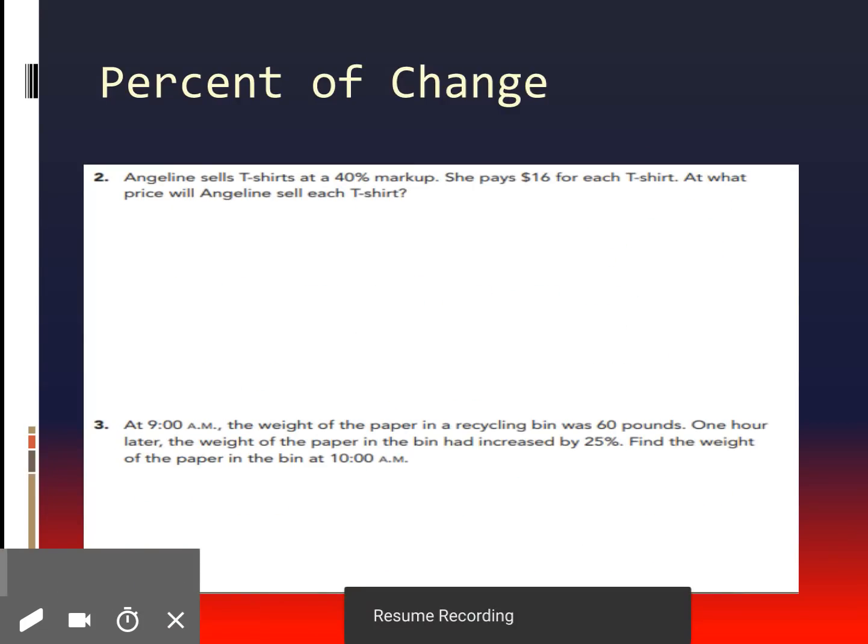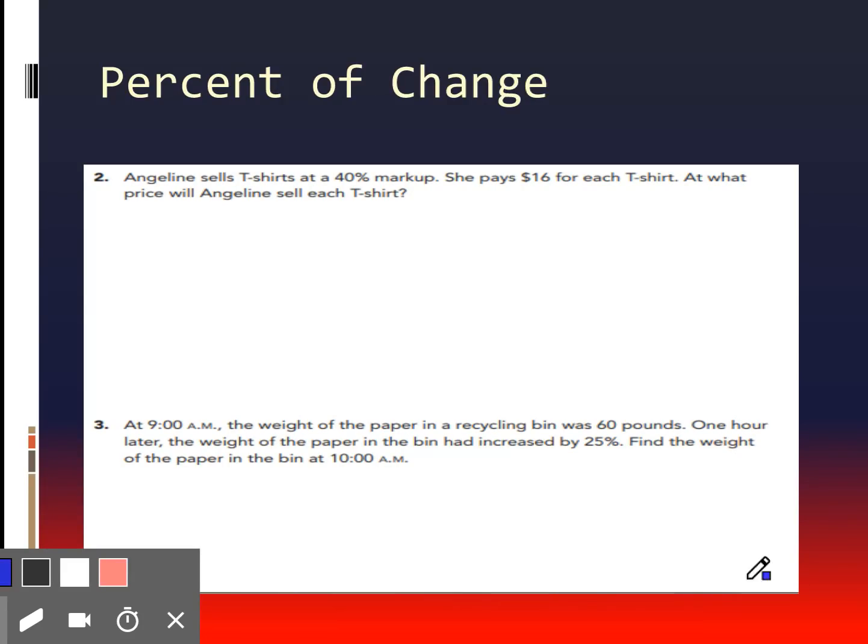Okay, we can do number 2 together. Angeline sells a t-shirt at a 40% markup. She pays $16 for each t-shirt. At what price will Angeline sell each t-shirt? So I'm just going to first jot down what I know, that $16 is the original cost, or $16 is what I'm considering 100%.